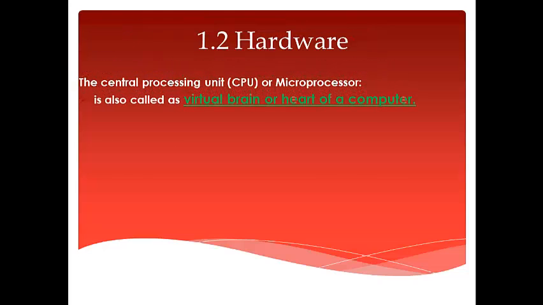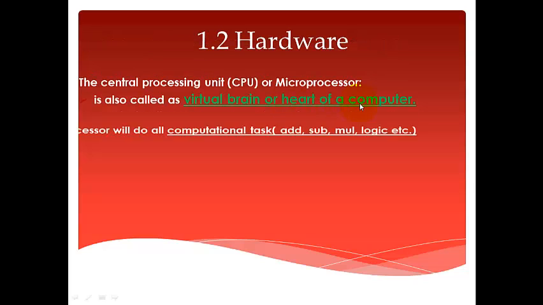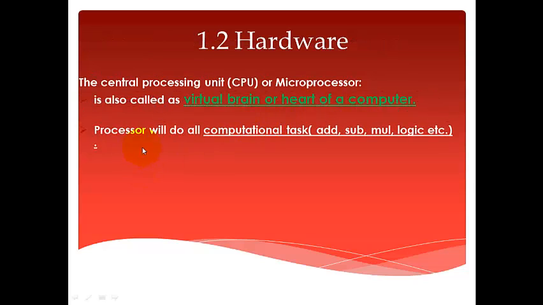The central processing unit is also called the brain or heart of a computer. A processor does all the computational tasks; all the calculation part is done only by your processor. A processor is similar to a human brain.